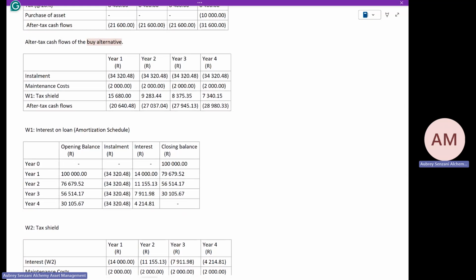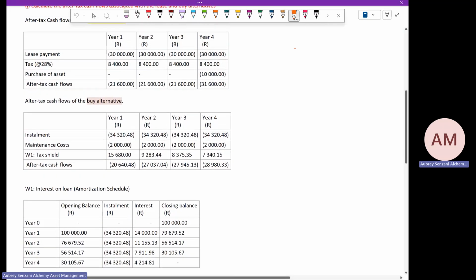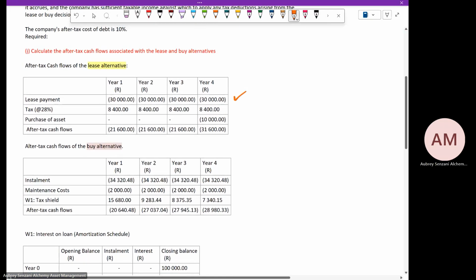Let me start, because what you're asking is very important. The first one is pretty straightforward because we are given this. This we need to calculate. After we've calculated that, to get our after-tax cash flow is literally just the difference between those two amounts.